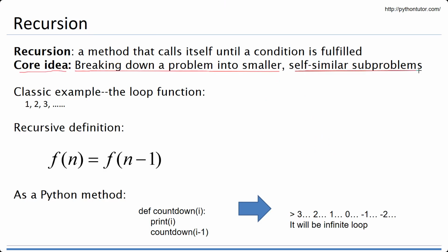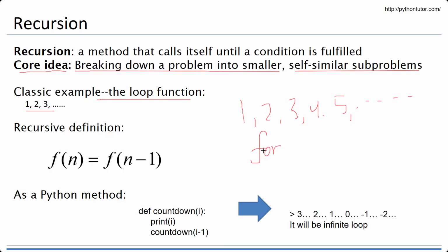If you look at the loop or repetition, we have 1, 2, 3, 4, and so on. So it is a kind of repetition, and you usually use a for loop.